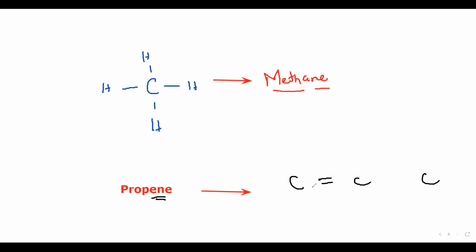Because the position of the double bond is not mentioned, it is between the first and second carbon, and the rest will have single bonds. So this will have two hydrogen, this will have one hydrogen, and this will have three hydrogen. So this is the structure of propene. Using the structure, we should be able to name, and using the name, we should be able to write the structure.